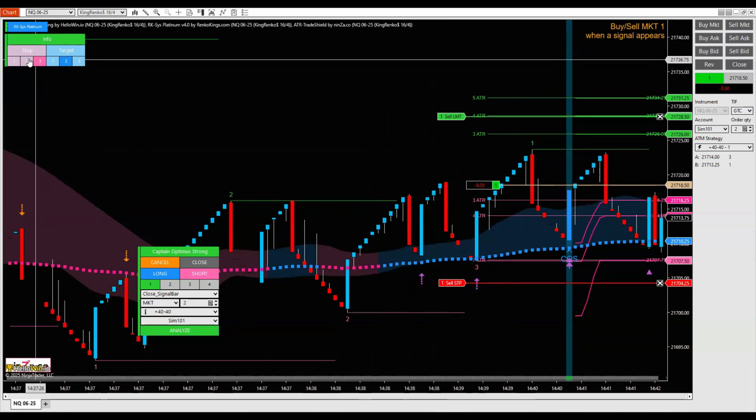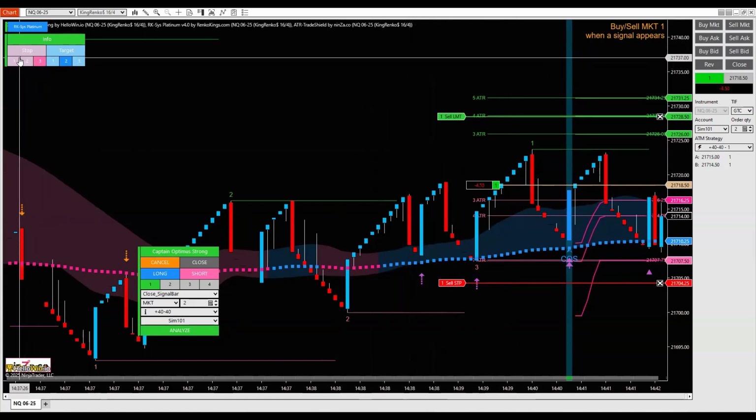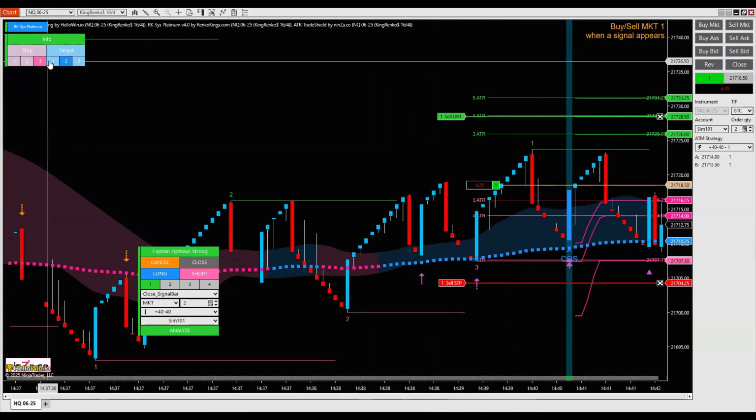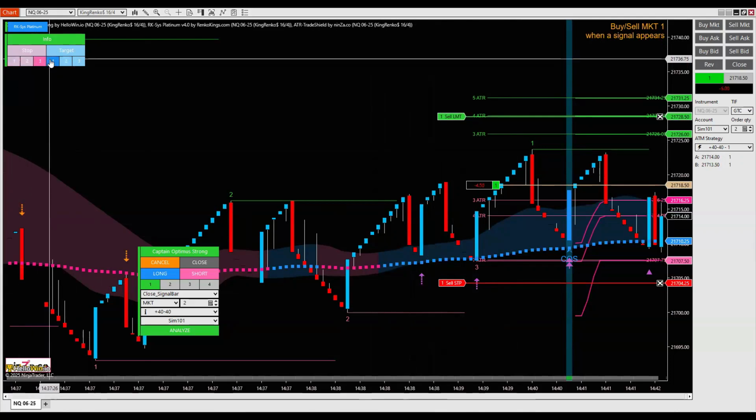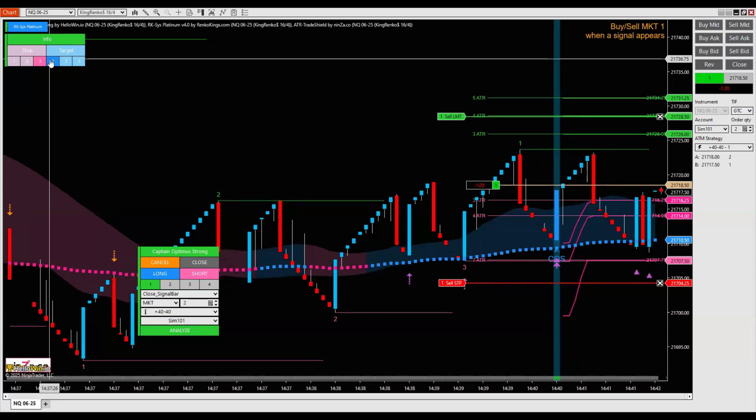And again, you can move these around. You can move your stop closer. You can move it further out. You can get your target closer. NQ.